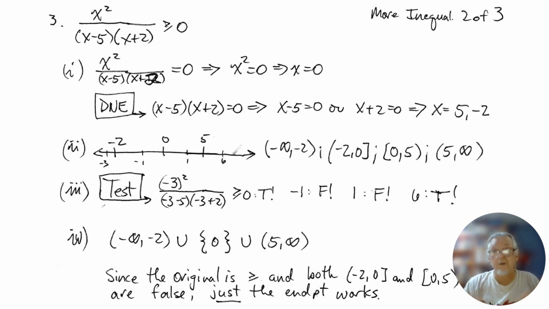It just doesn't work on either side of the endpoint. So I have to include this. So the set notation to say, yeah, that one point works. Since the original is greater than or equal to, and both intervals bracketing that 0 are false, just the endpoint works.